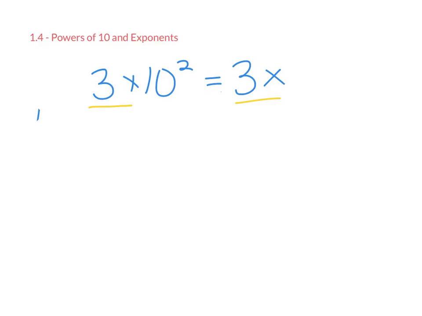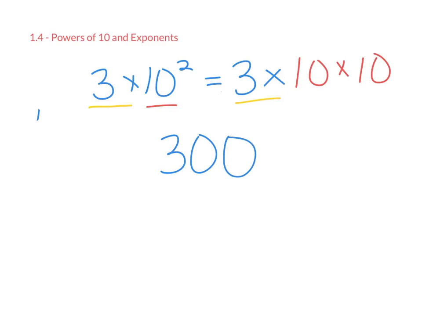And then 10 squared we know is equal to 10 times 10. So all this means is you're doing 3 times 10 times 10. So if you actually multiply, we know 10 times 10 is 100, and then 100 times 3 is 300. So this whole thing is equal to 300.